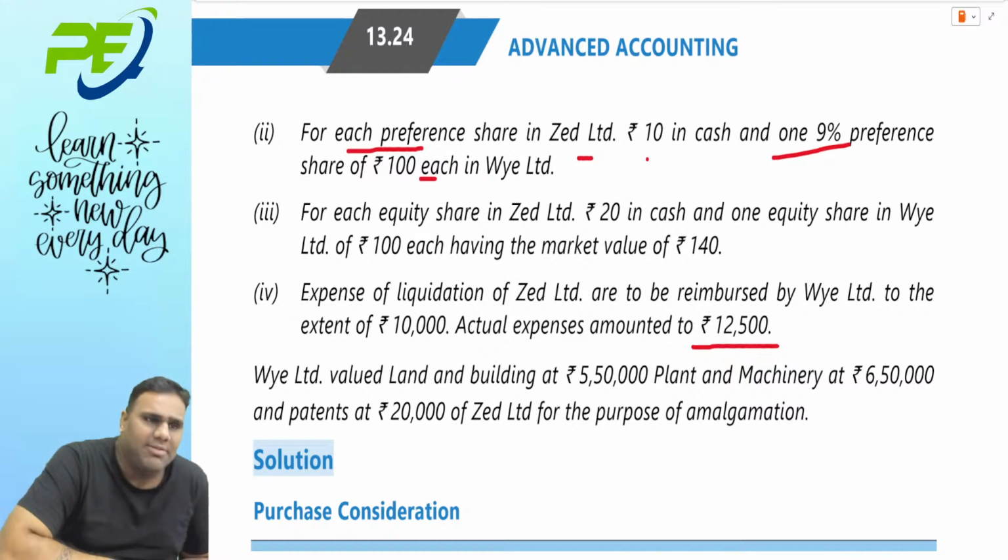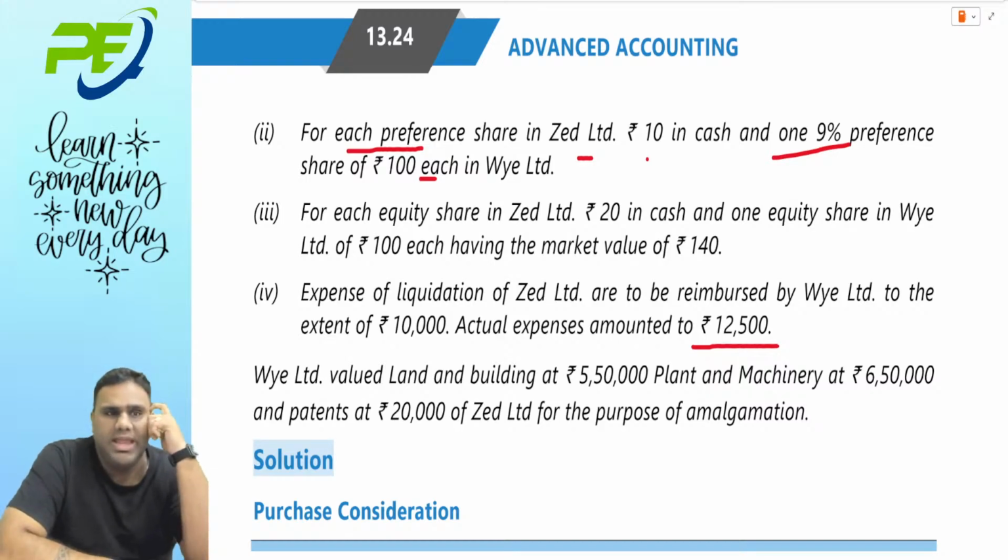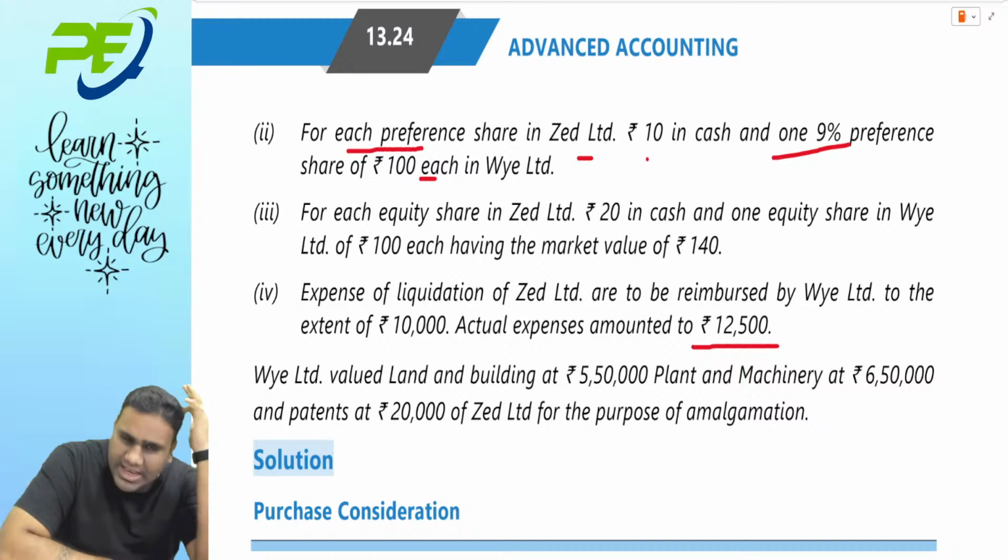All the assets and liabilities should be transferred to the realization account at book values.